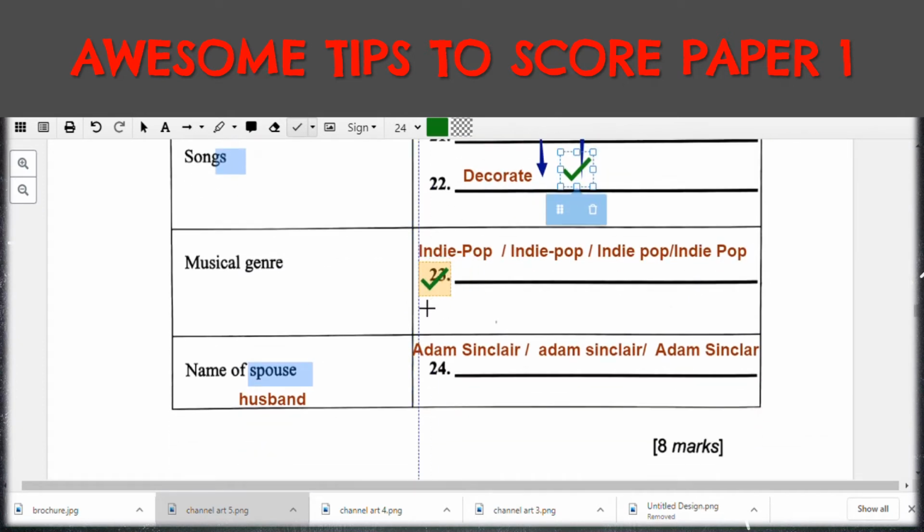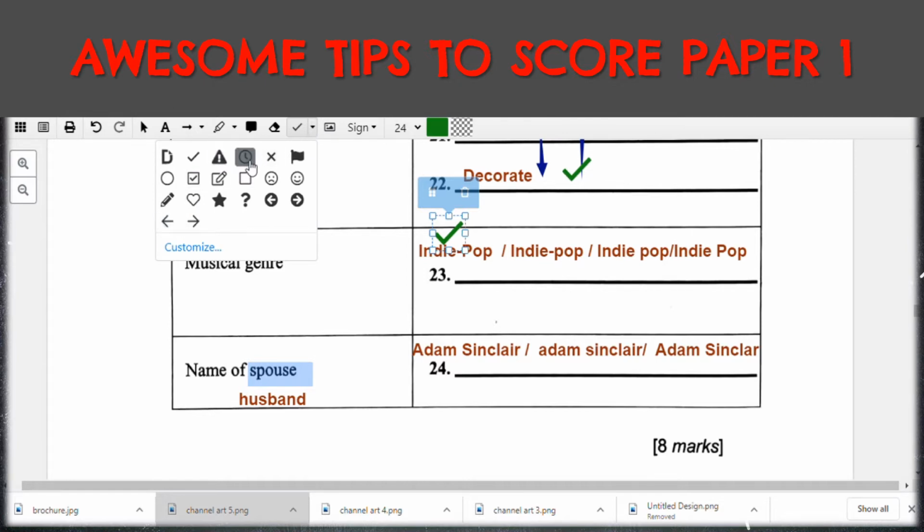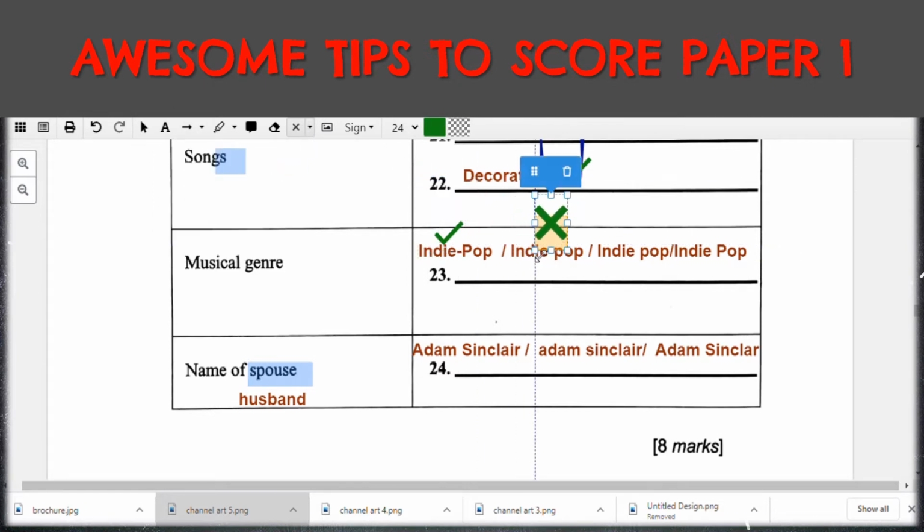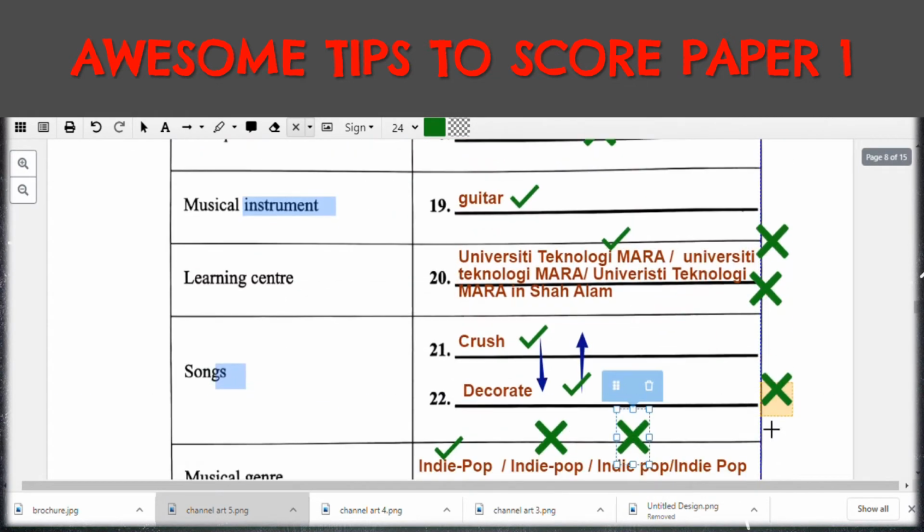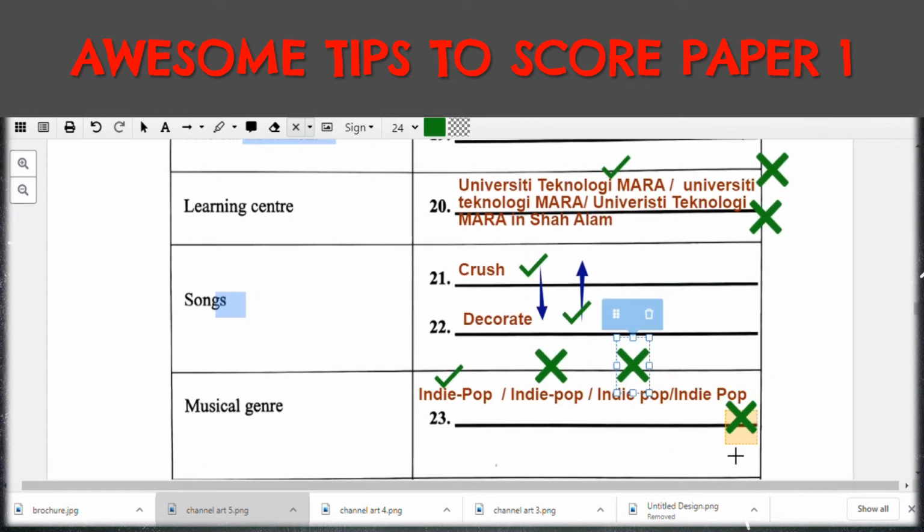Is this the same? Yes, this is the same. Big I, big P. Is there a big I? Small p. So this answer is wrong. This one has no hyphen and a small p. Wrong. Here, there's no hyphen. Big I, big P.